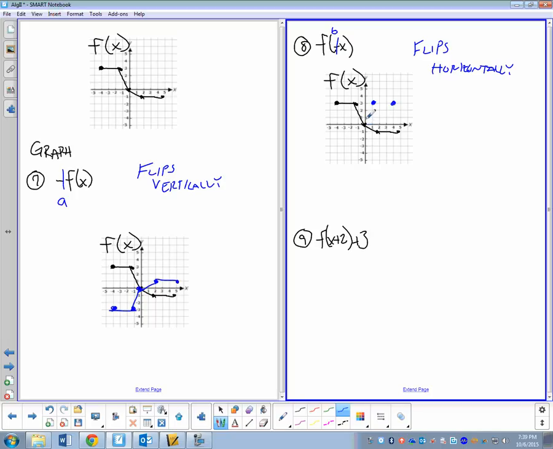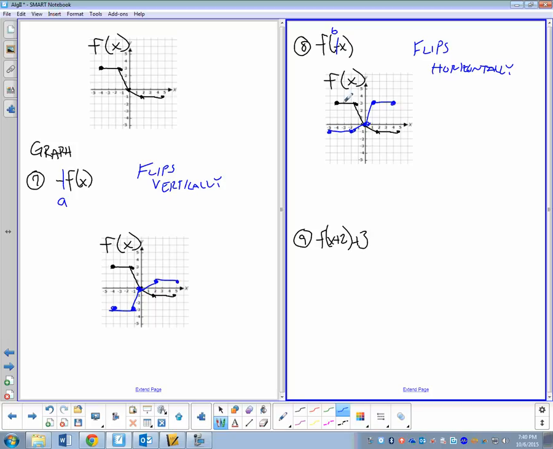This point here that is on the y-axis is going to stay on the y-axis. This point that is 2 to the right of the y-axis now moves 2 to the left. And this point that was 5 to the right of the y-axis now moves 5 to the left of the y-axis. And we draw our lines.